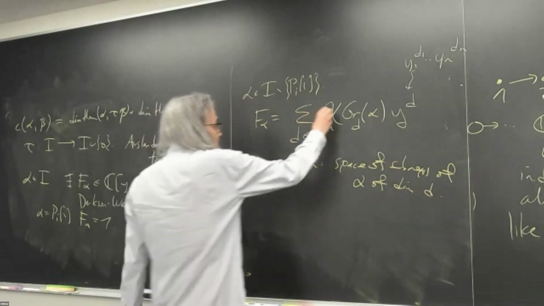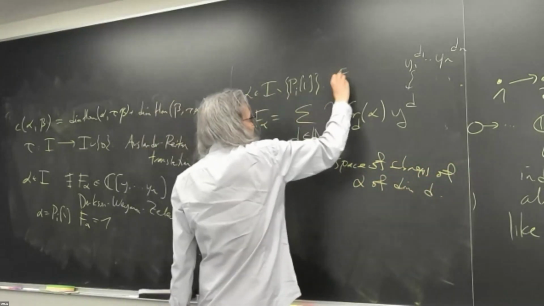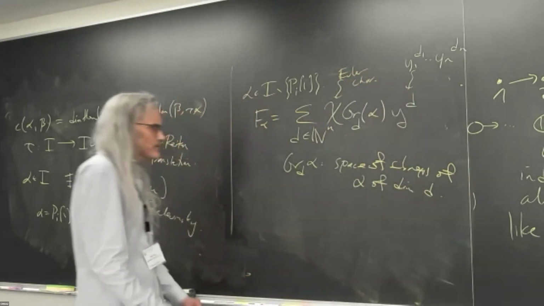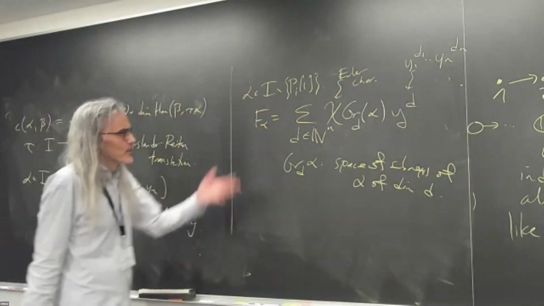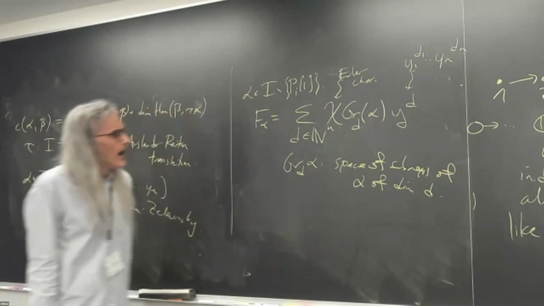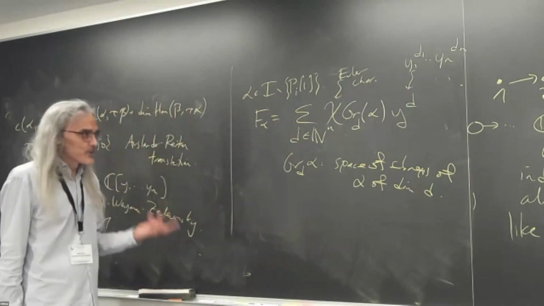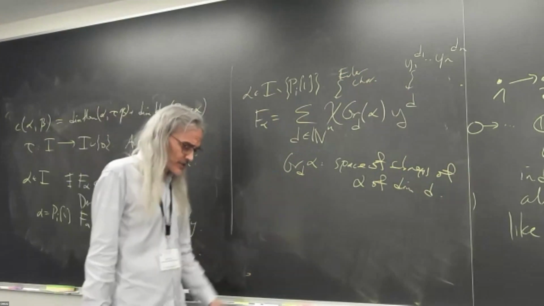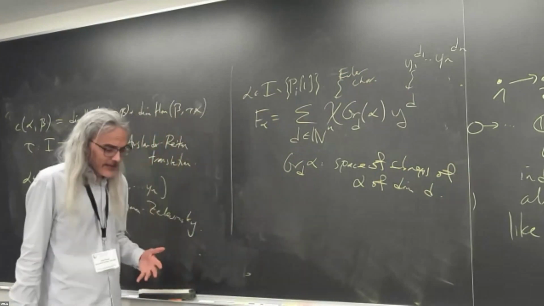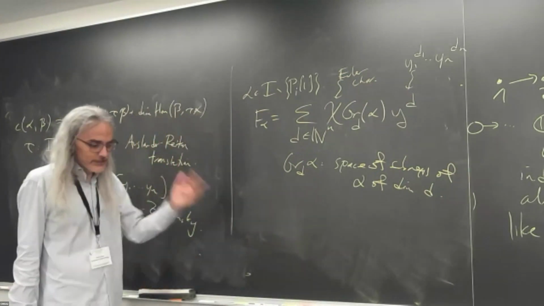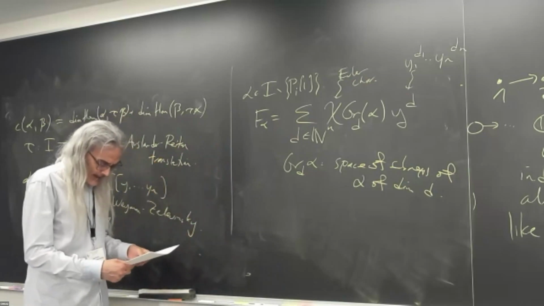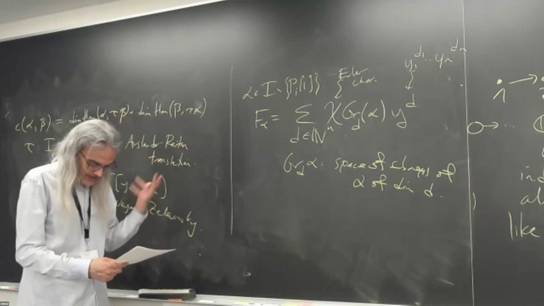And this chi is the Euler characteristic. Euler characteristics are a little bit scary, but in lots of nice situations, this Grassmannian is actually just a single point or is empty. If it's empty, then the Euler characteristic is 0, and if it's a single point, then the Euler characteristic is 1.